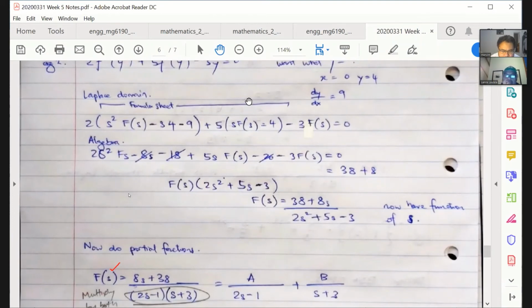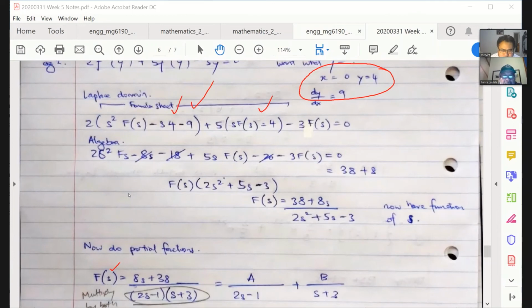These conditions were very important, weren't they? These conditions here, because that's where these things came from, that 4, and that 4, and so on.